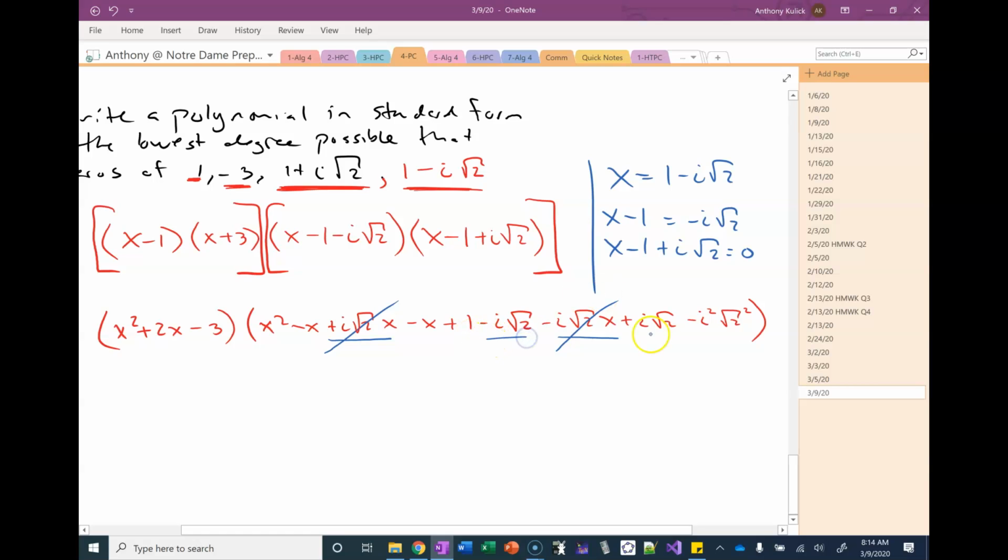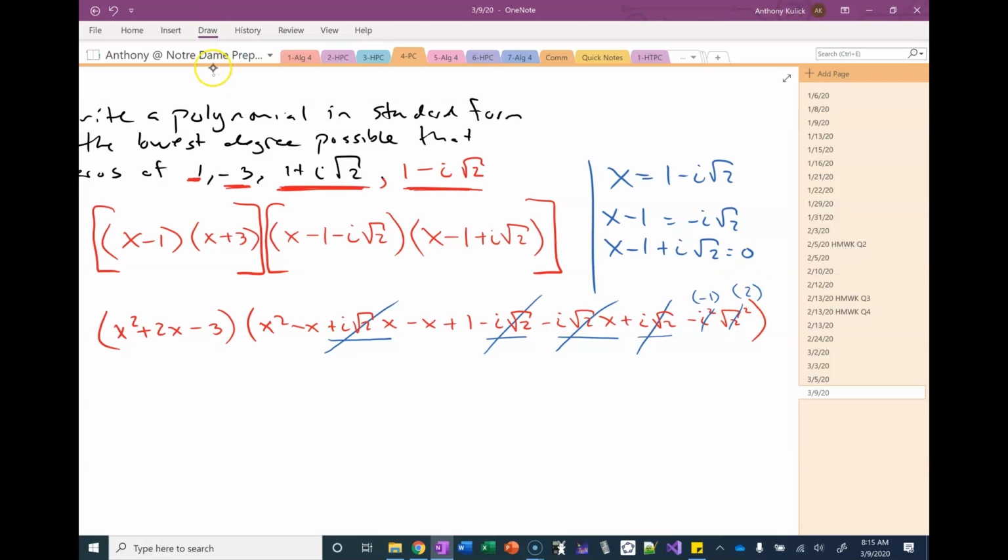I have a negative I square root 2 and a positive I square root 2, so those are going to cancel. What was I squared equal to again? Negative 1. So I can replace that I squared with a negative 1. And what's the square root of 2 squared? It's just 2. So I can replace that with a 2.